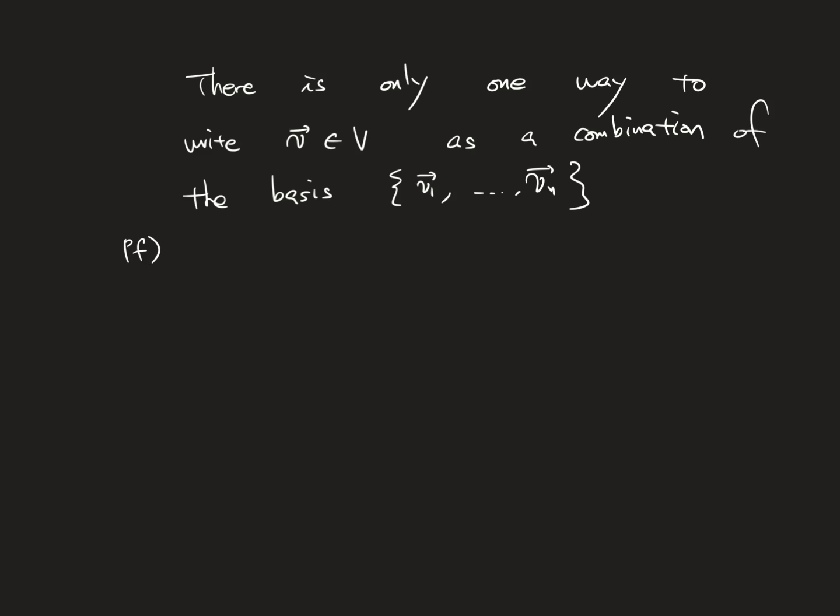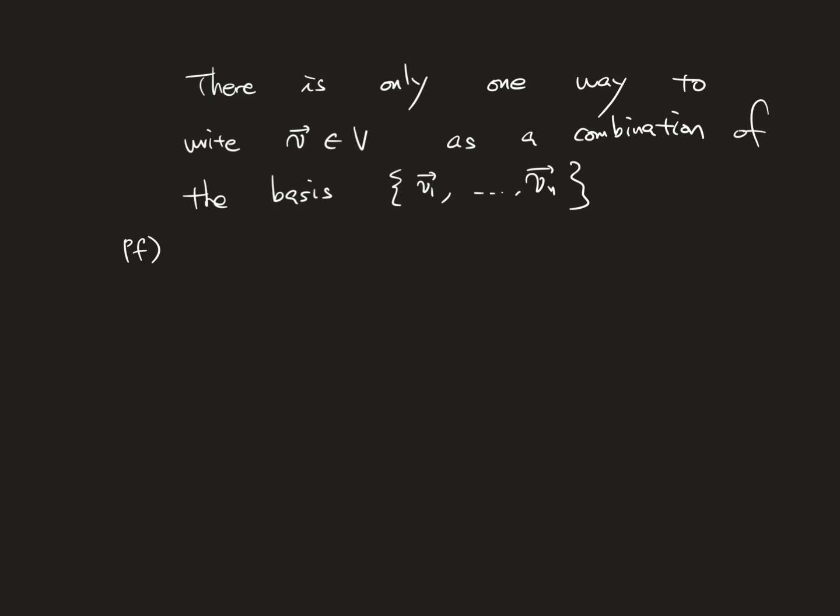There is only one way to write a vector in the vector space V as a combination of the basis vectors. So there is a unique way, and we know that there exists a linear combination for any vector, because if a basis spans V, that means we can generate any vector in the vector space using that basis.